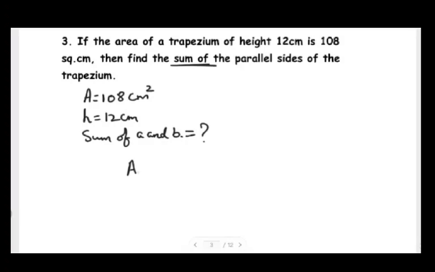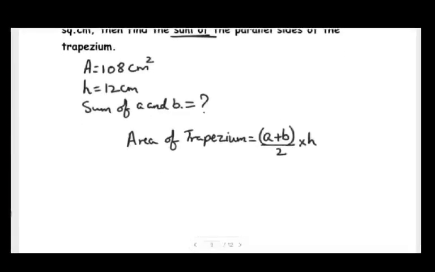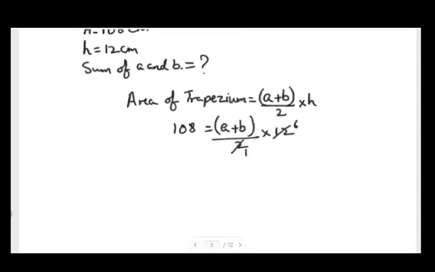Again, formula: area of trapezium is equal to A plus B upon 2 into the height. So area is given as 108, A plus B upon 2, what's the height? 12 centimeters. So 2 ones are 2, 2 sixes are 12.